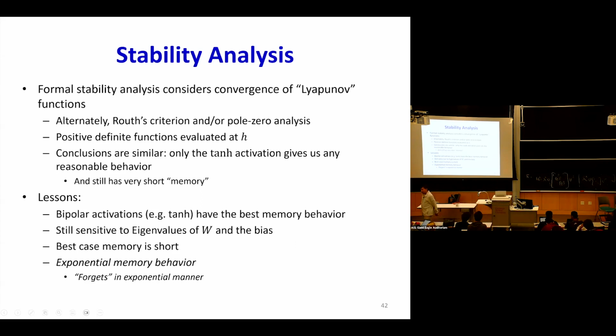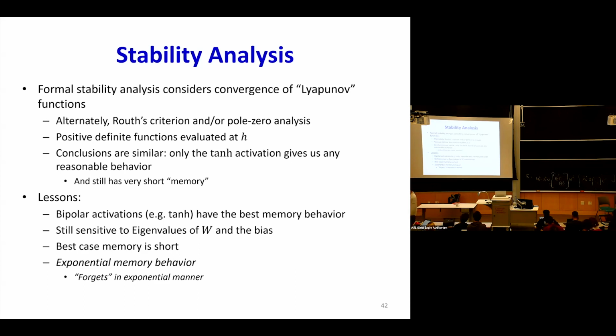So we have some lessons that came out of this. Firstly, bipolar activations like tanh have the best memory behavior in that they remember things for the longest amount of time. But eventually, all of the memory behavior ends up being a function of the eigenvalues of the weight matrix and the activation function.